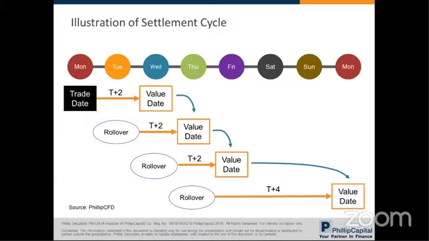Then the next day, if you close it, the value date will be on Thursday, and so on. The key thing to note is that on Thursday, the rollover value date will be on Monday, which entails 4 days. This is something to take note of when you do this kind of Forex.